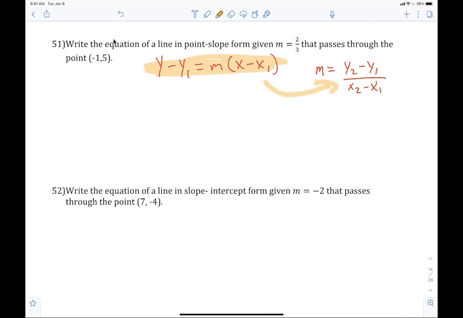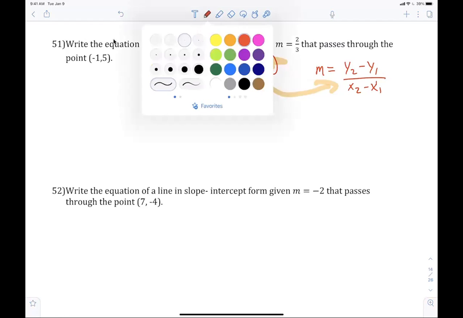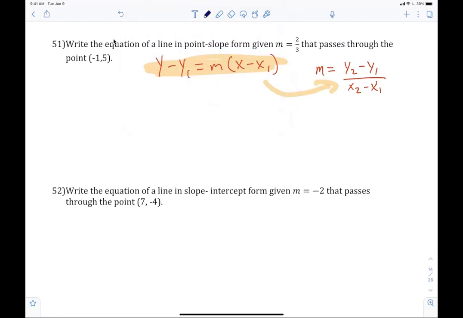Now that we refreshed your memory, does anybody want to volunteer on the answer? Go ahead, someone. It's really easy. y minus 5 equals 2/3 times x plus 1.